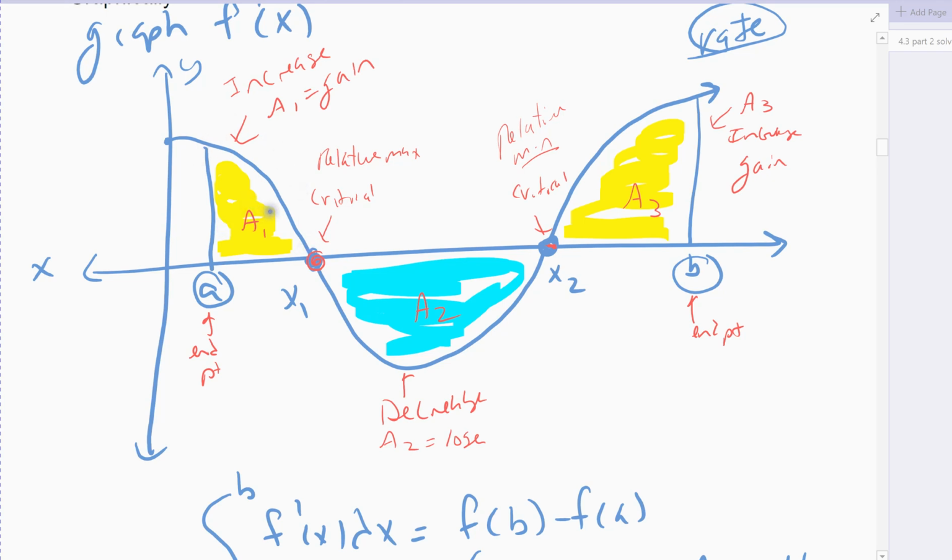Remember, increase when I'm above, decrease when I'm below. And then these are my critical values, which means those are my possible max and mins. My relative max and mins. And then my endpoints will also be where I could have absolute max and mins. All right, so I'm going to look at 2 applications where we're given the graph, and then we'll get to applications where we use the graph. I'm going to stop there and pick it up in the next video.